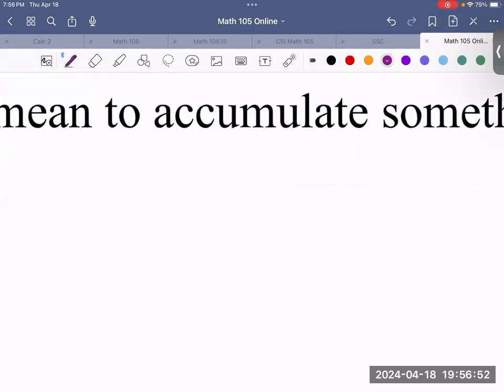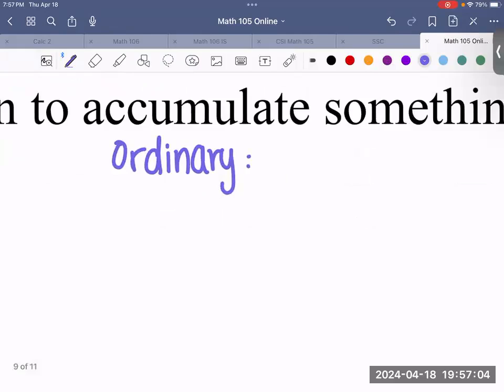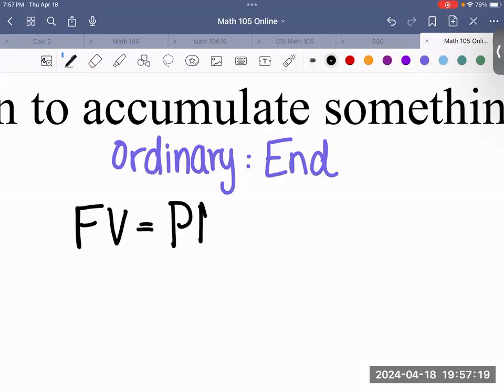So if we're talking about these two different circumstances, let's touch upon ordinary first. And I cannot spell very well, so if you do see a spelling mistake, just make a correction on your end. So ordinary, being at the very end of each period, says that we have your future value, which is equal to your PMT.